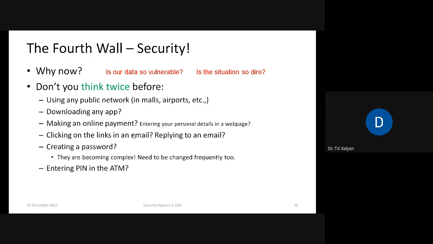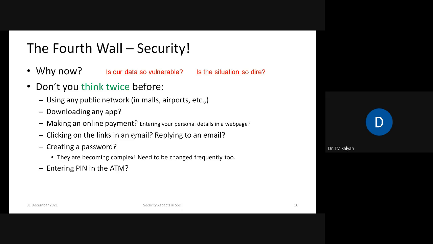Another easy example that you can correlate with is when we are entering the PIN at the ATM, we try to cover it with our hands. We are more conscious about over-the-shoulder viewers, and anybody watching from the CC cameras trying to figure out the password or the PIN.